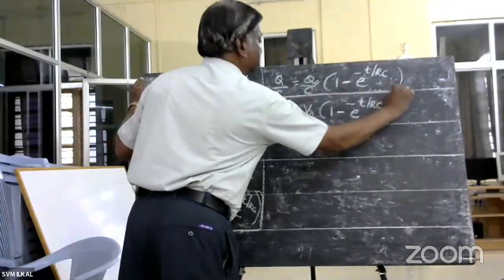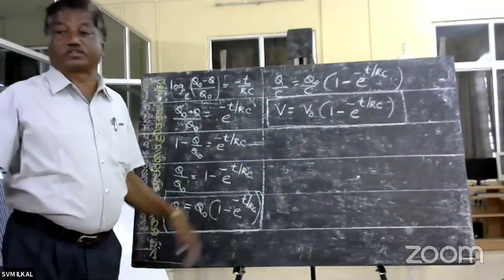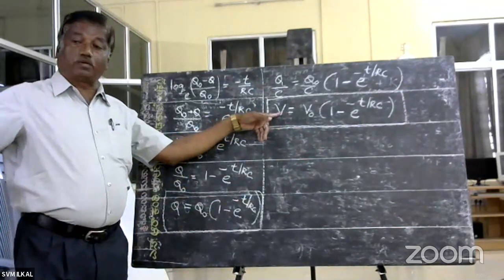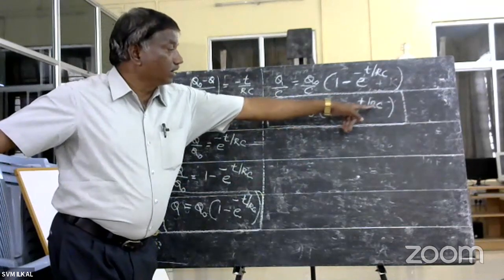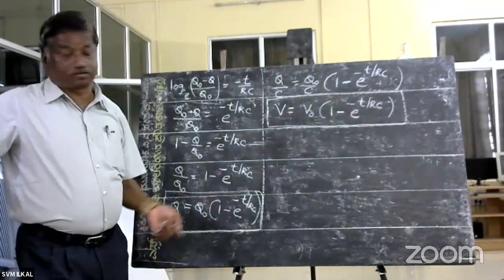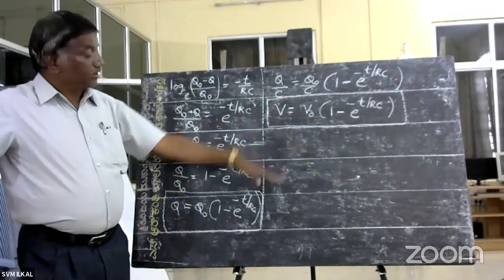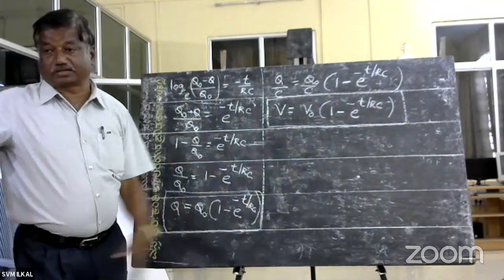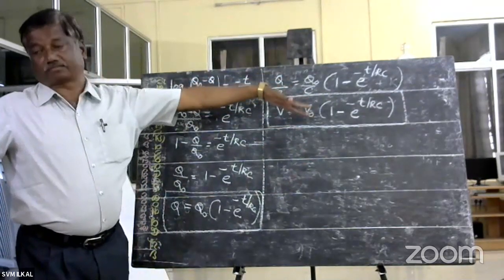So this is the expression for voltage across the capacitor at any instant of time. V is the voltage for a time t when R and C are present in the circuit. That V naught is the maximum voltage across the capacitor, which depends upon the EMF of the battery connected to the circuit. So this is the expression for charging of a capacitor.